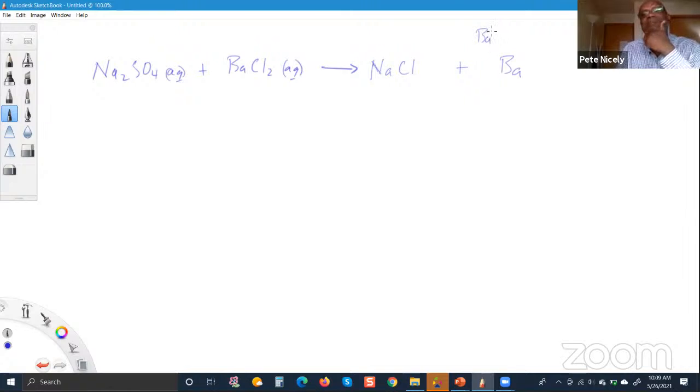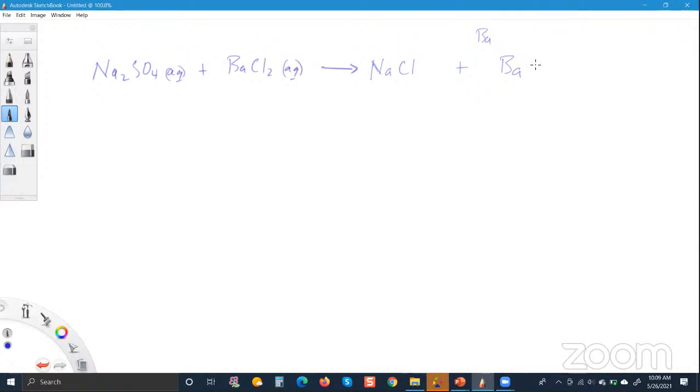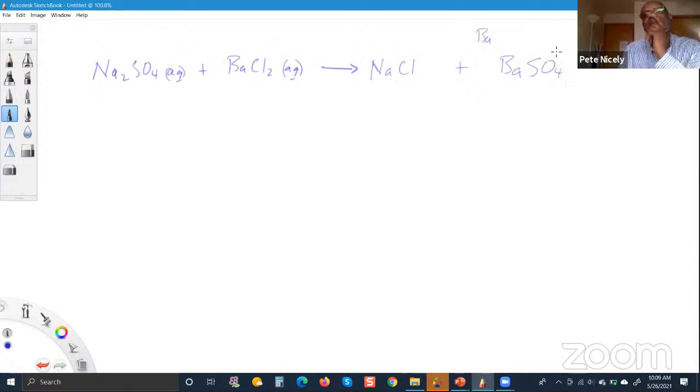You can refer to the tables I've posted in Canvas. Oh, BaSO4. Okay, it's BaSO4, exactly. Because the barium has a +2 charge and the sulfate has a -2 charge, all right?